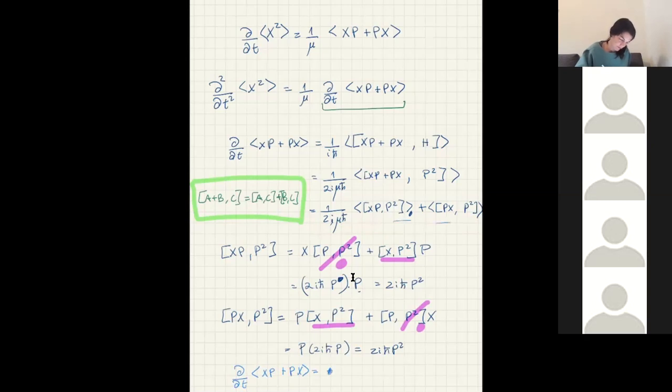So we get overall 2 over mu p squared. And p squared at time t, we know that p does not evolve. So p squared at time 0.